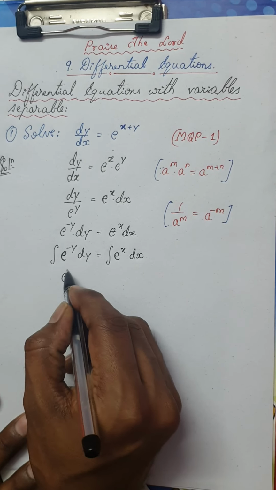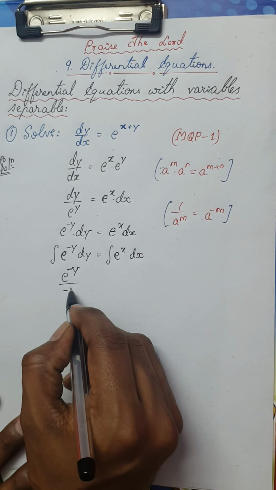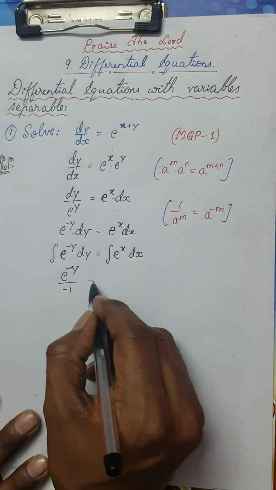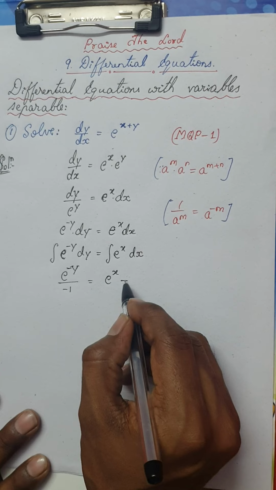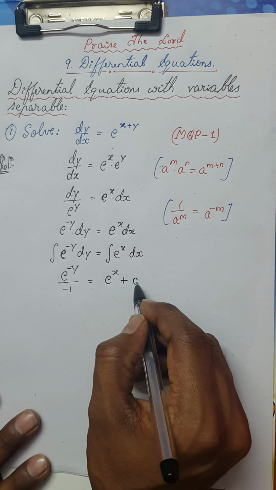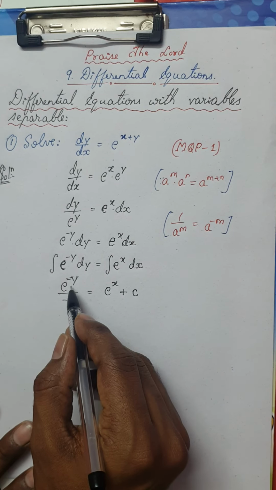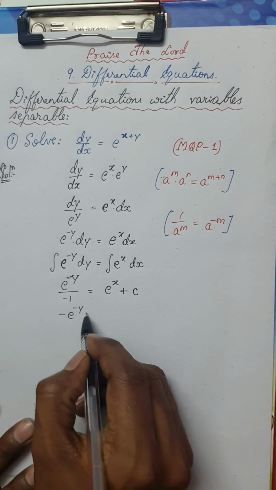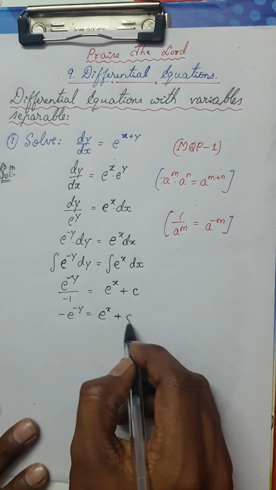We all know integral of e power ax is e power ax divided by a, so here it is e power minus y divided by the constant minus 1. Integral of e power x is e power x itself plus c, which is the constant of integration. Now if I apply the sign here, this would be minus of e power minus y is equal to e power x plus c.